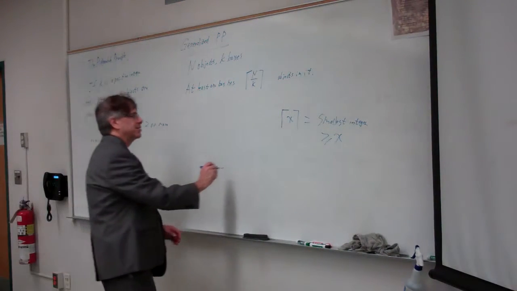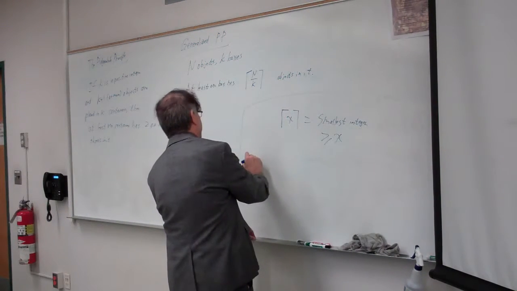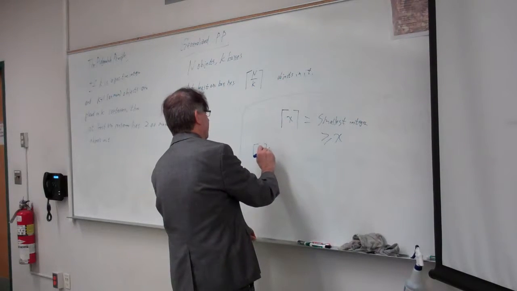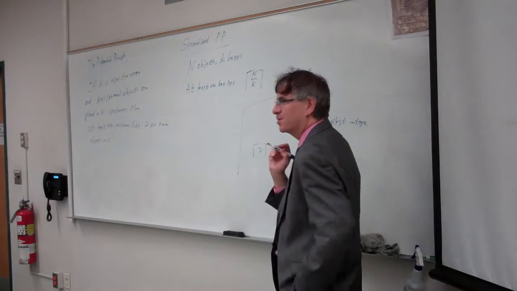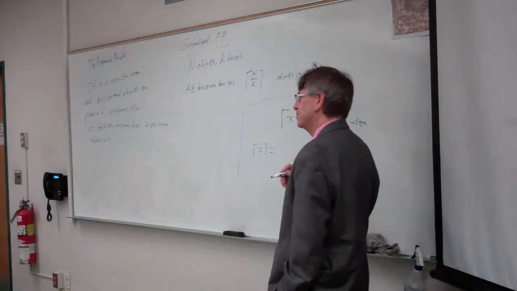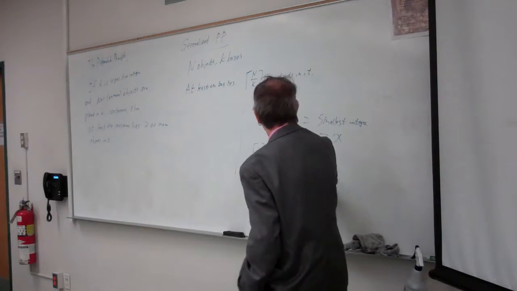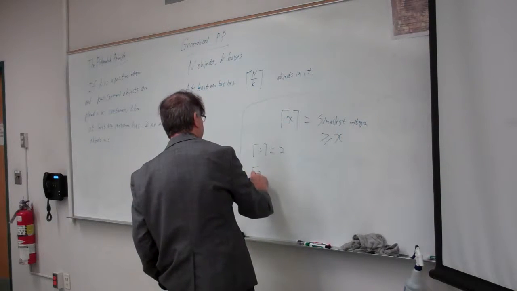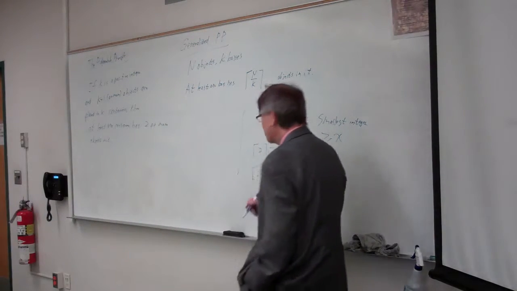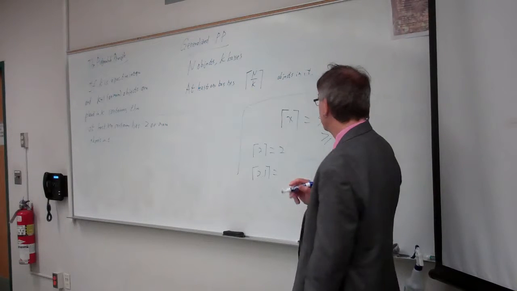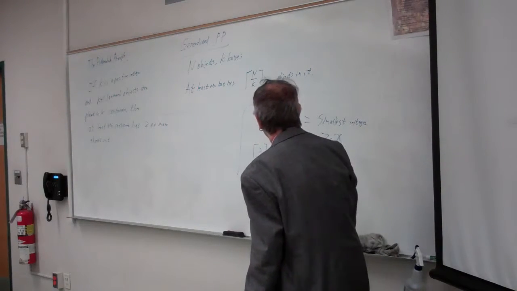So, sidebar. What's the smallest integer bigger than or equal to 2? Equal to 2. Yeah, 2. Smallest integer bigger than or equal to 2.1, that's got to bring you up to 3.